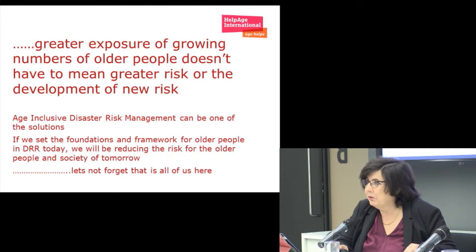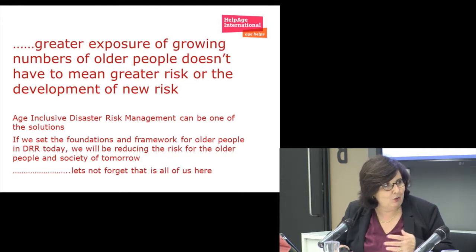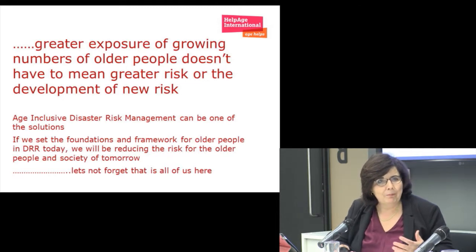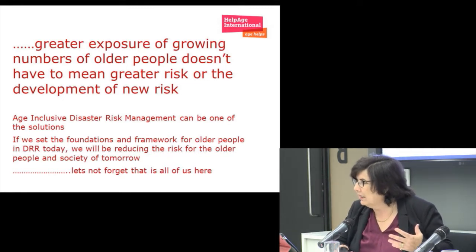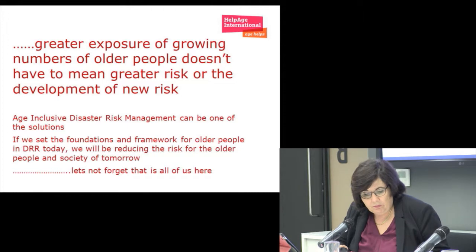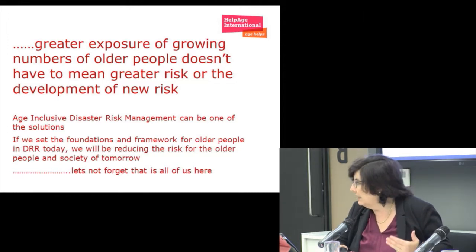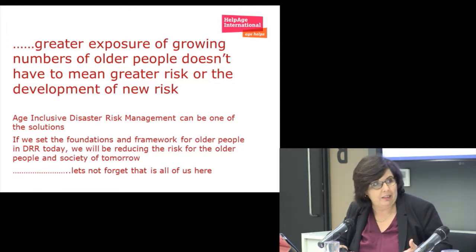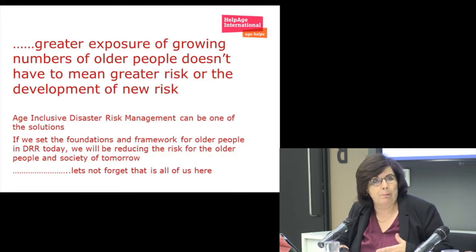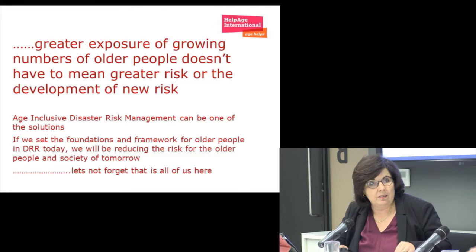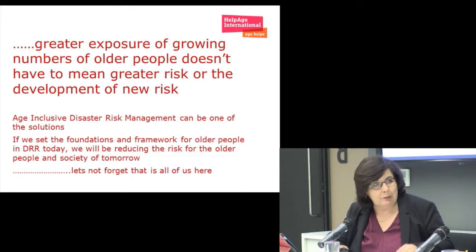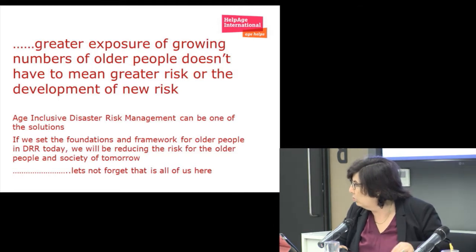However, we have to look at this situation not in a catastrophic and worrying way. The process is about how we take this into account, how we prepare for this, and how we put the right framework in place to ensure that older people are integrated into disaster risk reduction and, as has been mentioned, are enabled to act as a resource for it.